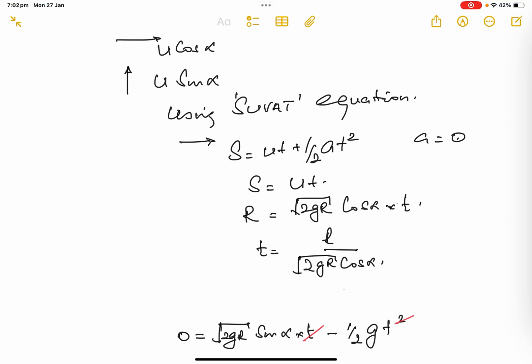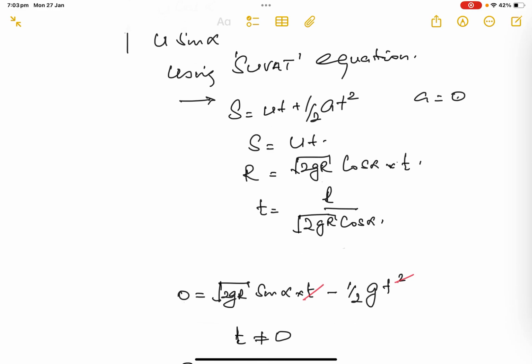S is the range R that's been given, and u is the horizontal velocity, the square root of 2gR cos alpha, times t. t is the time taken for the particle to reach the ground again.